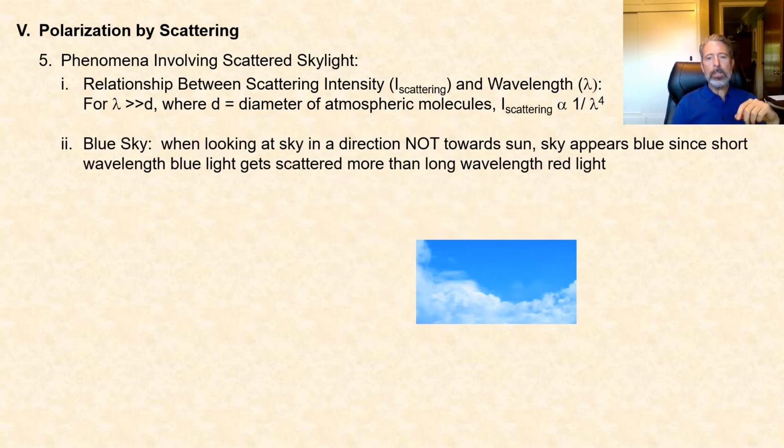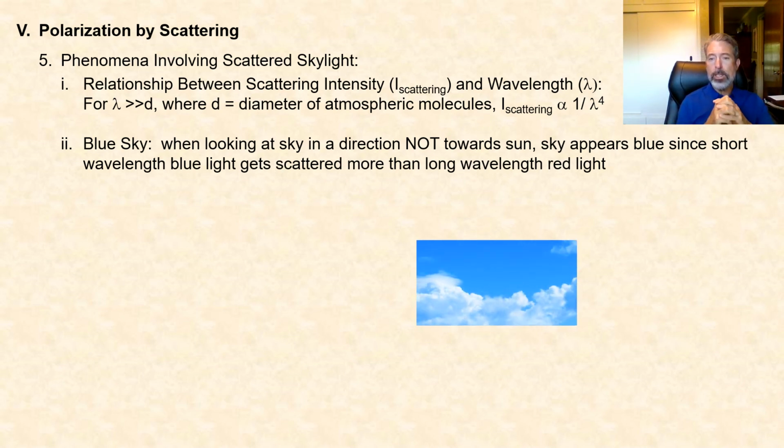So, when you're looking at the sky in a direction that is not towards the sun, like if the sun is overhead during the day, not when it's on the horizon, the sky will appear blue since the short wavelength blue light gets scattered more than the long wavelength red light.